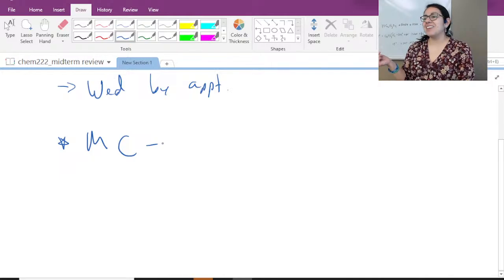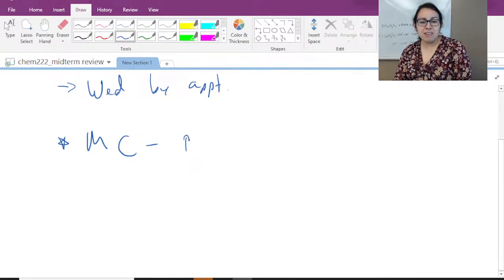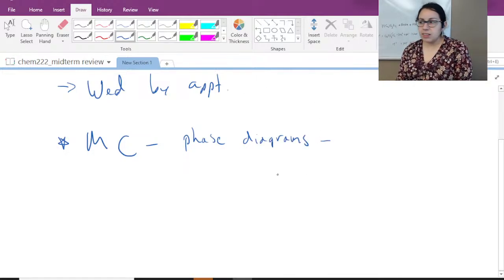Easy stuff. What do you think? I get them all wrong every time. They're supposed to be easy. For multiple choice questions, I would expect some phase diagrams, and labeling those: solid, liquid, gas, and your phase transitions.